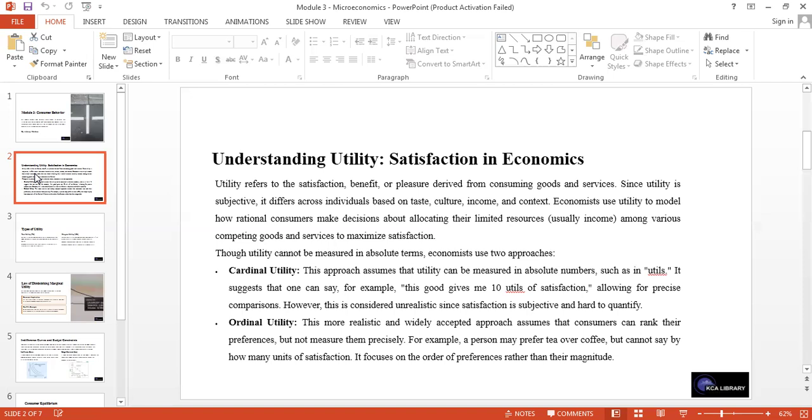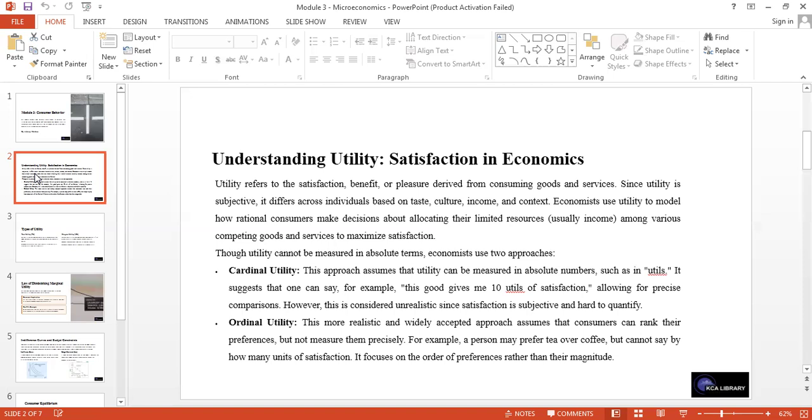It suggests that one can say, for example, this good gives me 10 utils of satisfaction, allowing for precise comparison. However, this is considered unrealistic since satisfaction is subjective and hard to quantify.